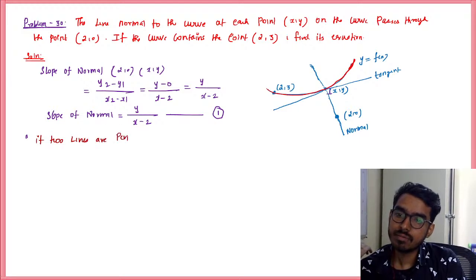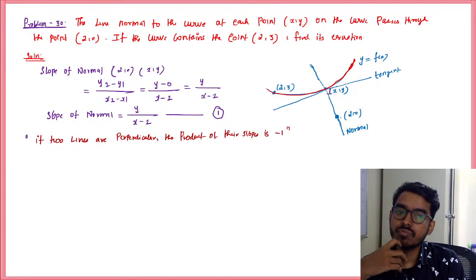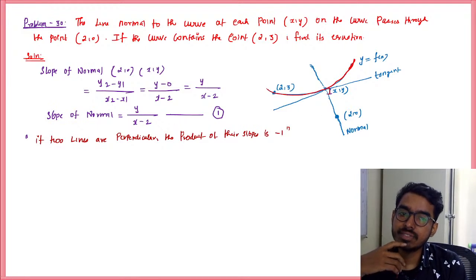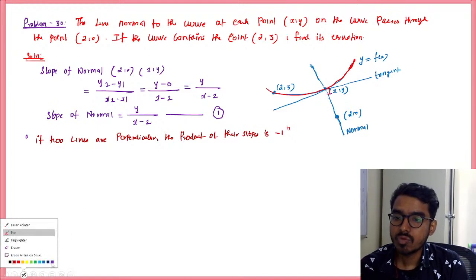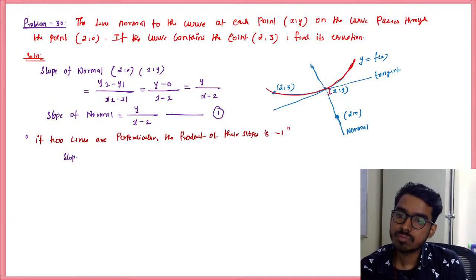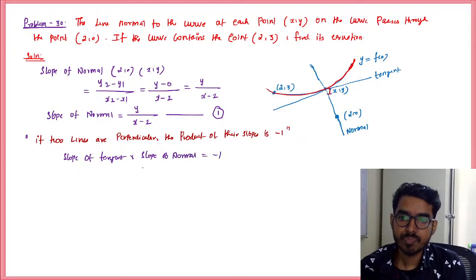So we know the tangent line and normal line are perpendicular. So we know that slope of tangent into slope of normal will be -1, right?